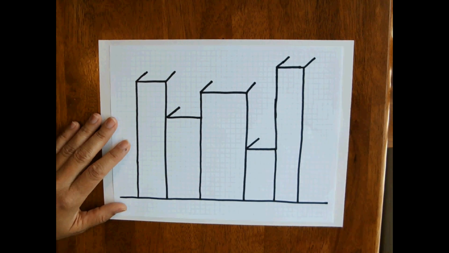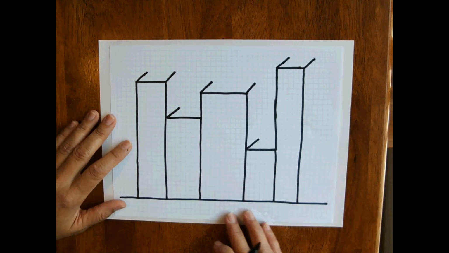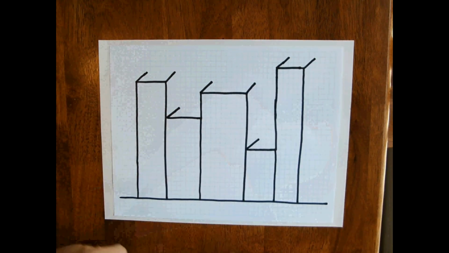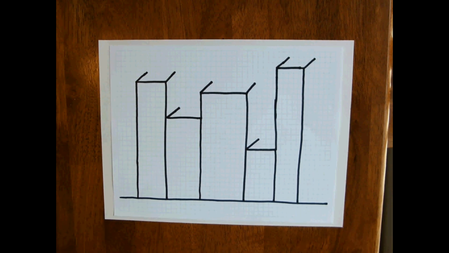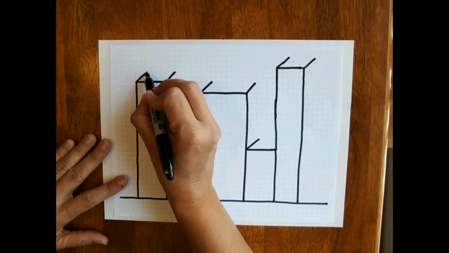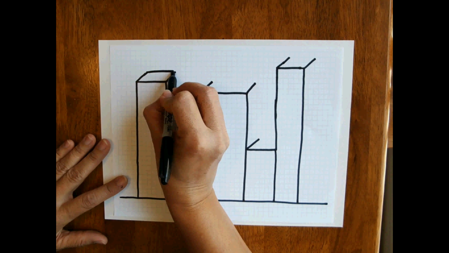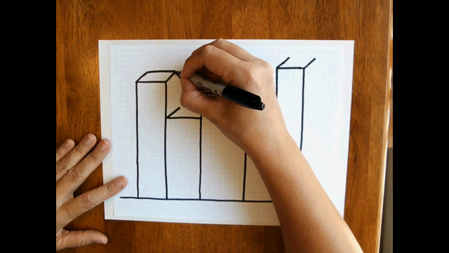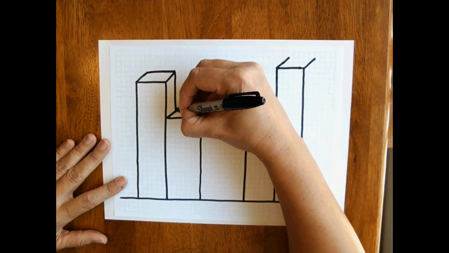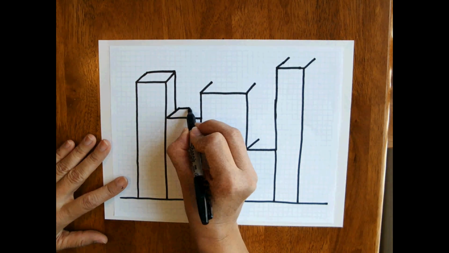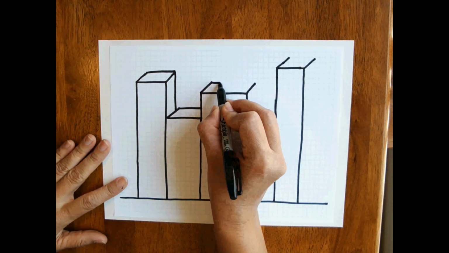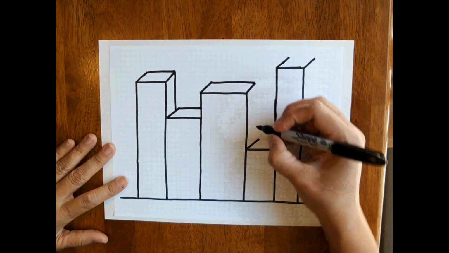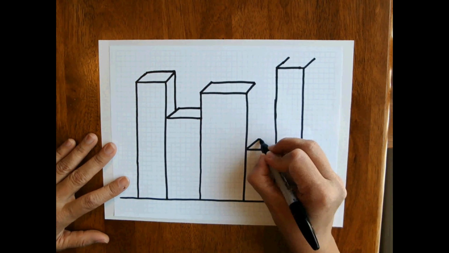Okay, so now I have two-dimensional buildings with a bunch of diagonal lines. So we have to make them three-dimensional. Watch. So now we're going to connect those lines with horizontal lines and vertical lines. And horizontal lines. And I'm going to connect this one here.